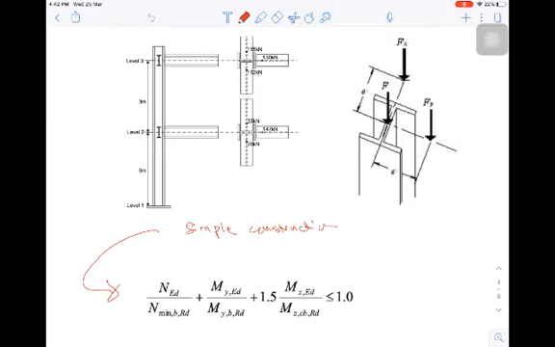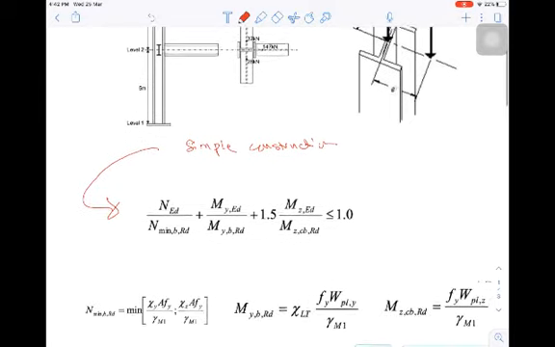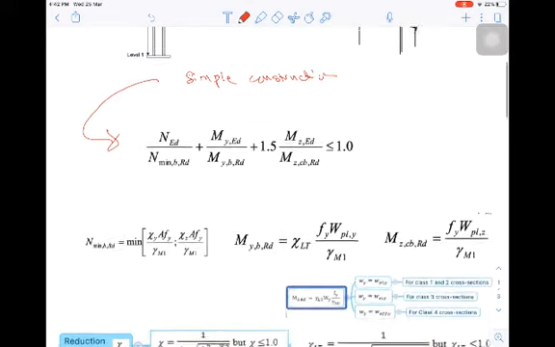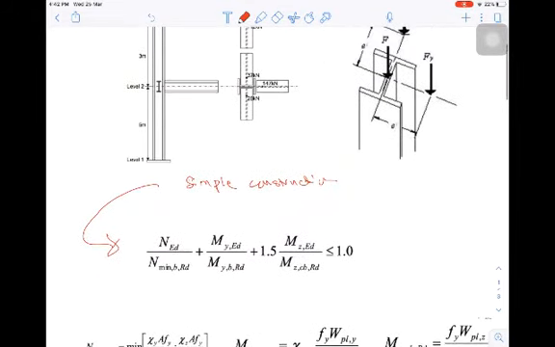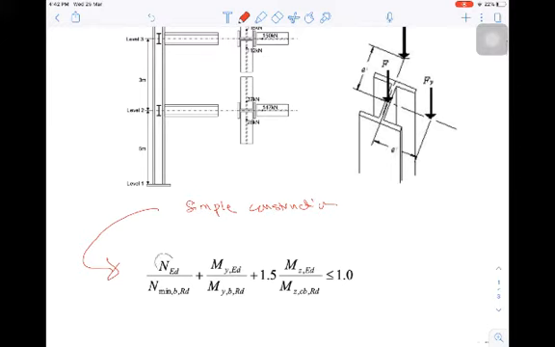Now let me go through what this formula stands for. This is NED. I did mention how to find NED just now. Let's say we are going to design the bottom column. The NED comes from the axial load from level 2 and level 3, and also the self weight of the column. That will be the value of NED.